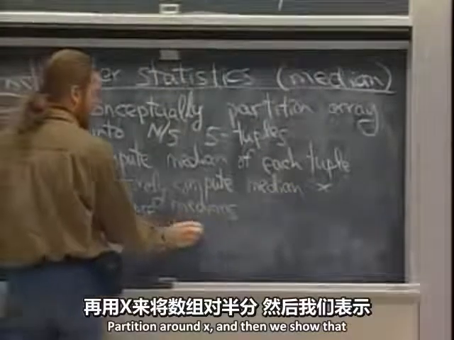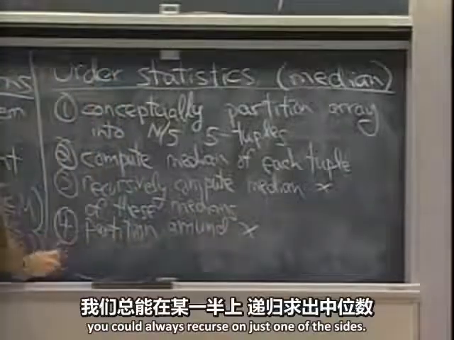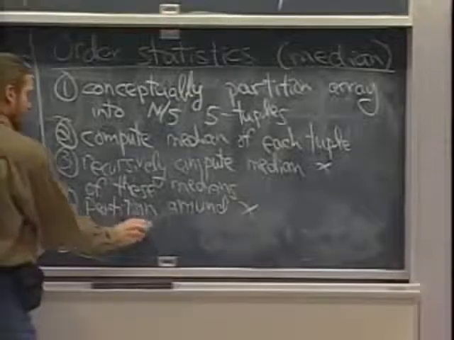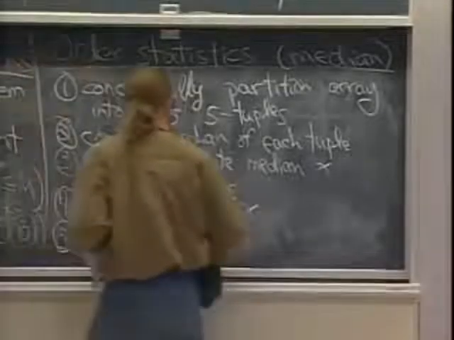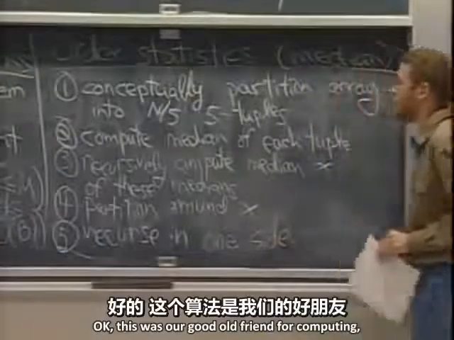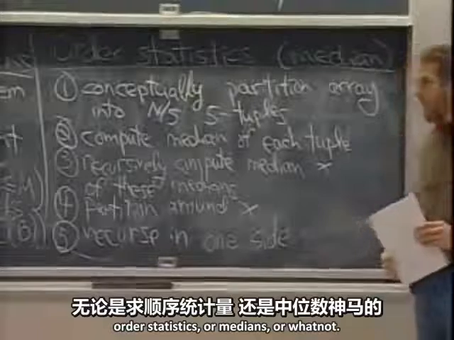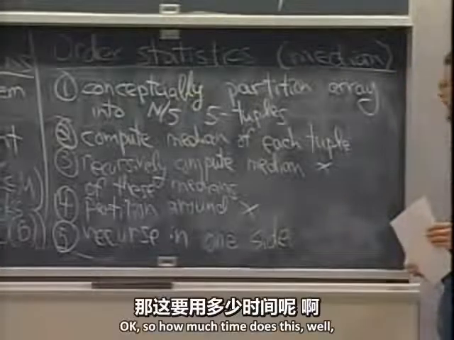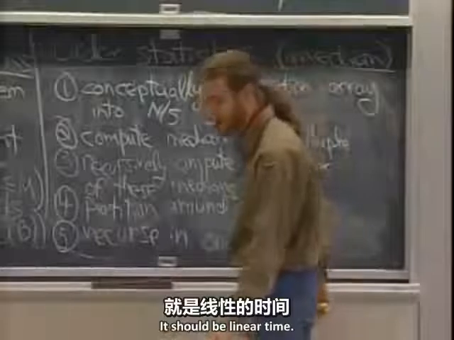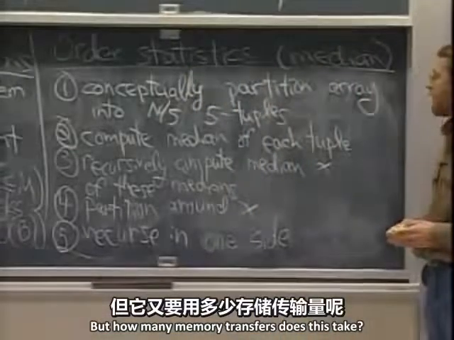Partition around x. And then we showed that you could always recurse in just one of the sides. Okay, this was our good old friend for computing order statistics or medians or whatnot. So how much time does this take? Well, we know how much time this takes. It should be linear time. But how many memory transfers does this take?